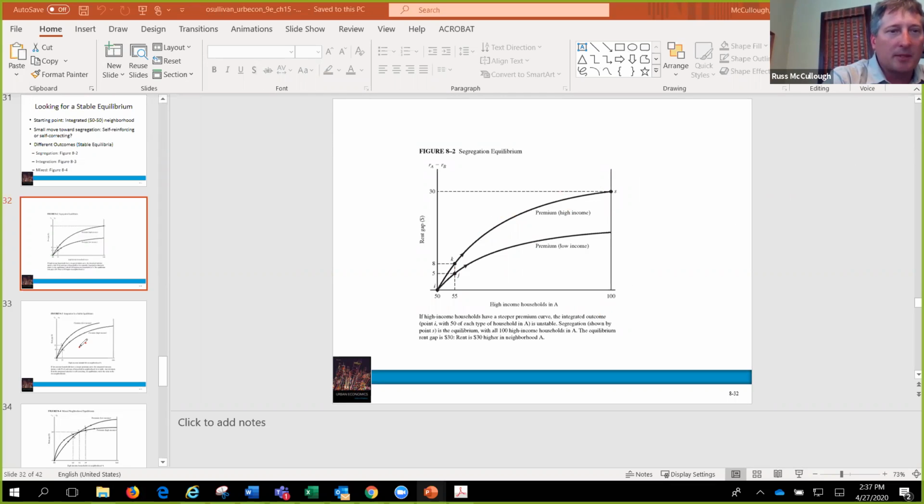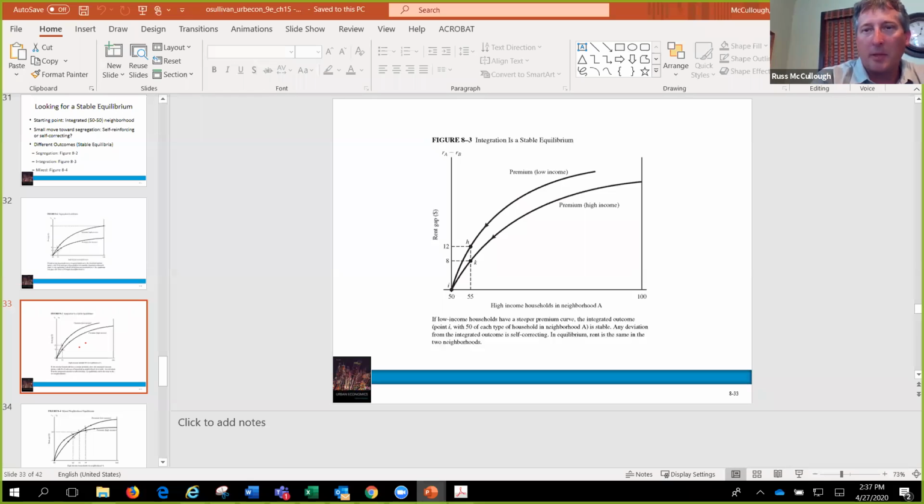So it is possible to have the low income people be willing to pay more at the margin for a particular good, just because the high income people are there. Maybe the high income people don't have any kids, for instance. And so the lower income people are willing to pay more for housing in a particular area than the high income people. So don't think that just because the high income people are there that they wouldn't be willing to outbid at the margin.